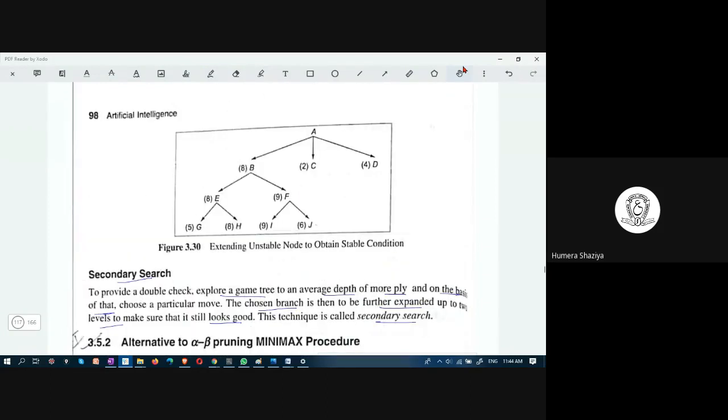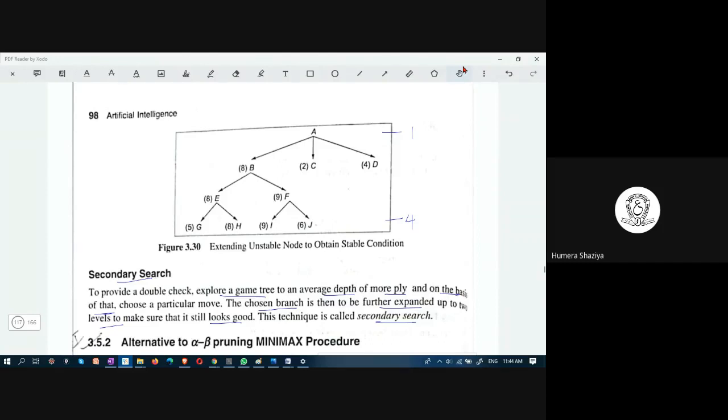Suppose this is a tree. If we consider that the depth is 1, 2, 3, 4, if you call the root to be at depth 1, then this would be at depth 4. If the criteria is to check the tree up to depth 4, here if there is any stable situation, which can lead to the changes of these values, to have a kind of assurance that we get a stable condition.